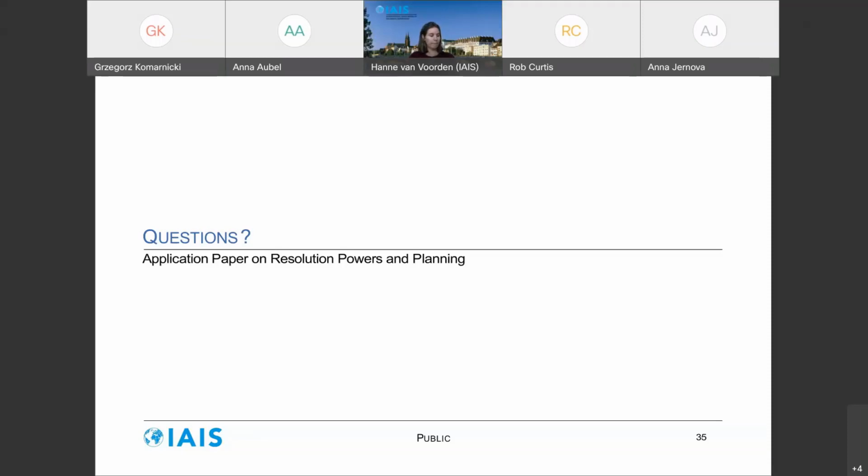Likewise, the FSB Secretariat is often a guest at the resolution working group meetings, as well as I represent the IAIS as well as the United States on the FSB's ICBCM. So there's good coordination and good cooperation between the two organizations.